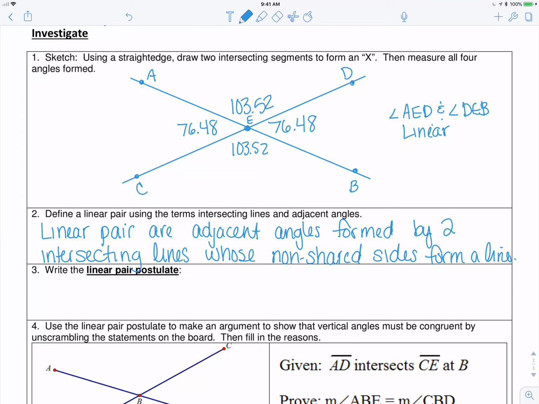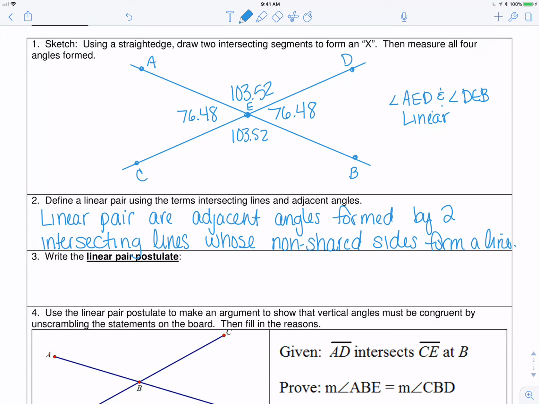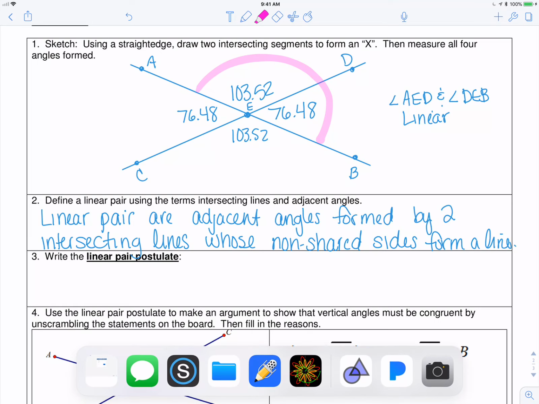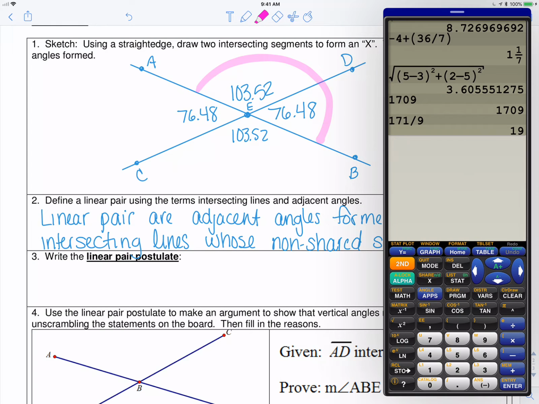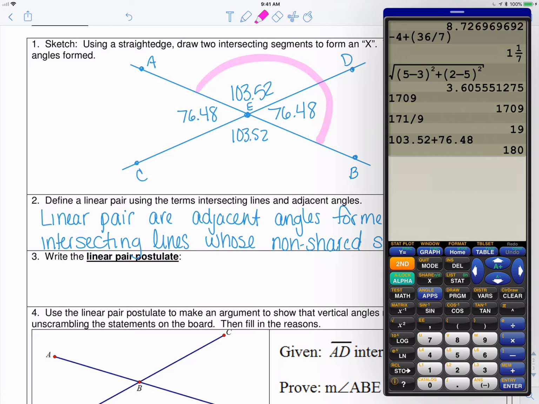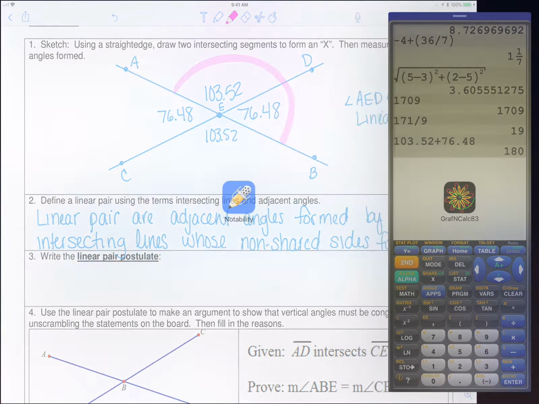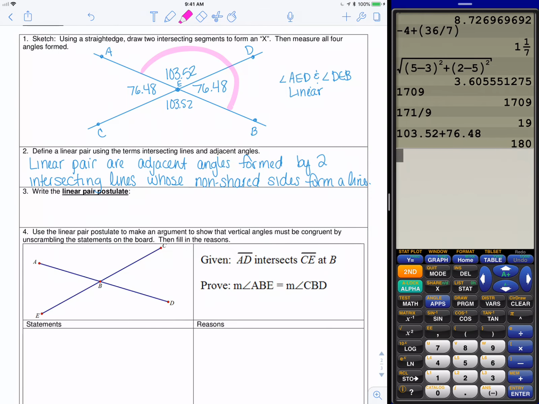All right, maybe you can see a pattern in the measurements, maybe not. We need to write a linear pair postulate. So what you should notice is that any pair of angles that you pick that form a linear pair, if you add their measurements together, like if I add 103.52 to 76.48, and go ahead and add your two measurements together, do you also get 180 degrees? And you absolutely should get 180 degrees.